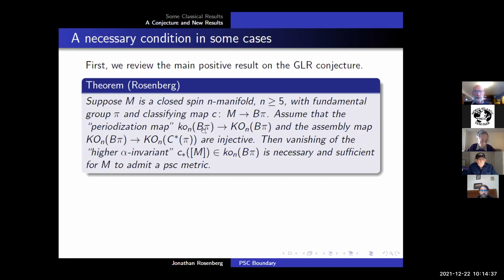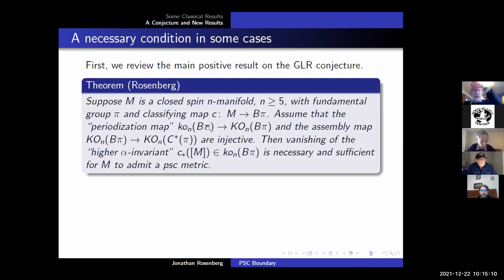So suppose this operation of inverting the Bott class is injective. And let's also assume that the assembly map from KO homology of the classifying space to KO_n of the C-star algebra is injective. Okay, this is known from all the vast research on the Baum-Connes conjecture in many cases, the injectivity of this assembly map.